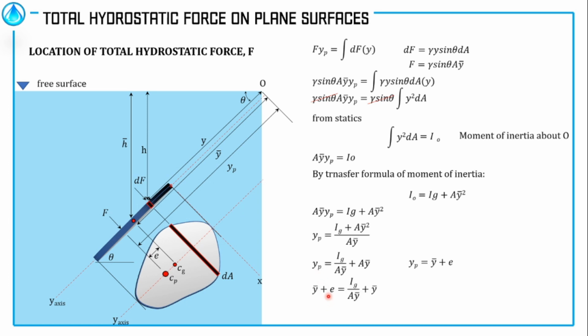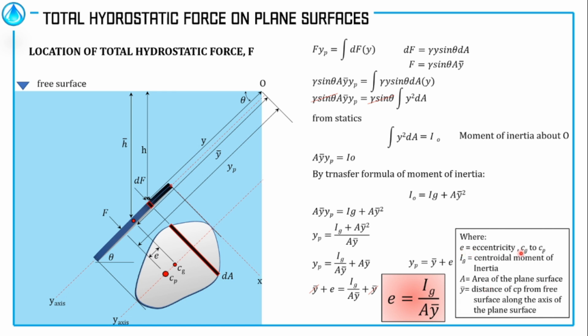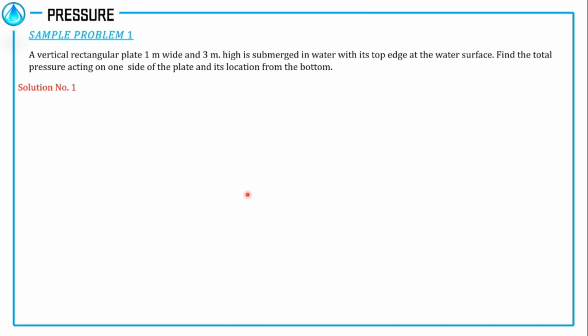And then, we can now cancel this y bar and will give us the formula of eccentricity, where E is the eccentricity measured from CG to CP along the y-axis, IG is the centroidal moment of inertia, A is the area of the plane surface, y bar is the distance of the CG from the free surface along the axis of the plane surface. To further understand the concept, let us take a look at this problem number 1.